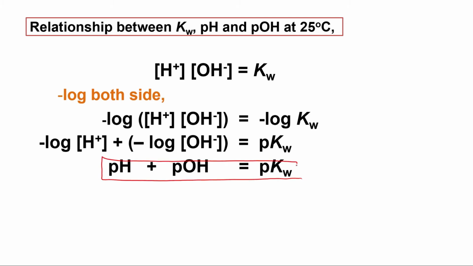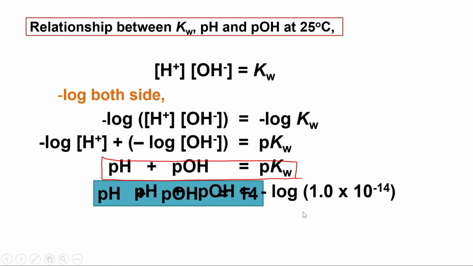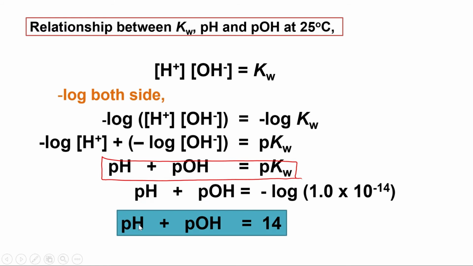So now we already have the value of Kw. At 25 degrees, the value of Kw is 1 times 10 to the power of negative 14. Therefore, substitute the value. We're going to get this equation. It's a very important equation in this topic. So pH plus pOH equals 14. You have to remember this. This is the relationship between pH and pOH.